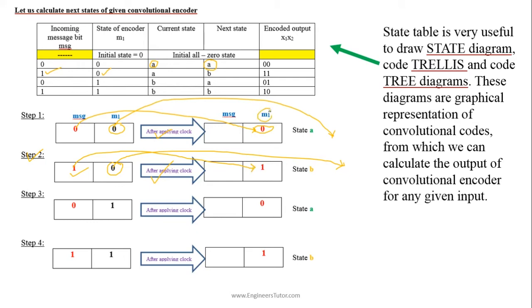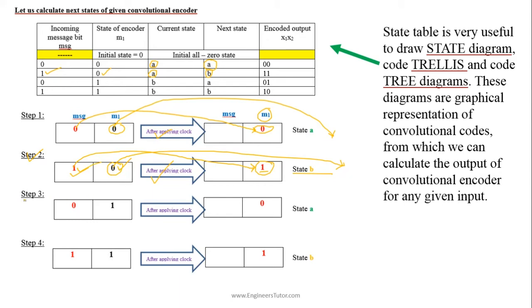M1 represents the state of the encoder, so this represents state B. It changes from initial state 0 to state B.